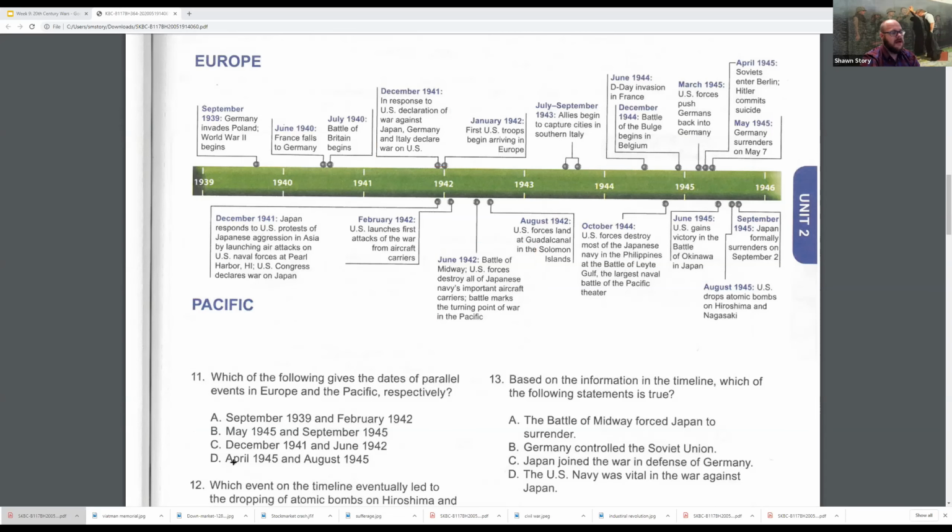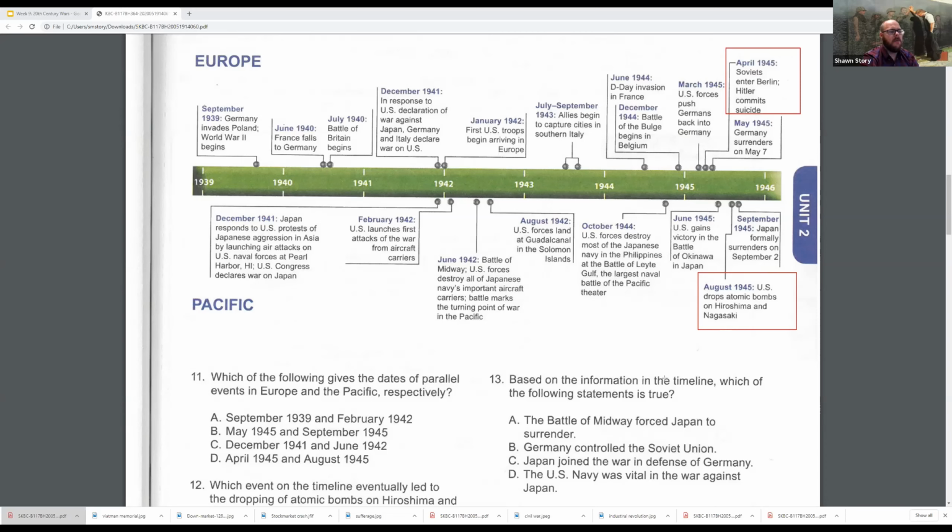And then our next one, April 1945. So Soviets enter Berlin, Hitler commits suicide. And then August 1945, the US drops atomic bombs on Hiroshima. Here they're dropping bombs on Hiroshima.